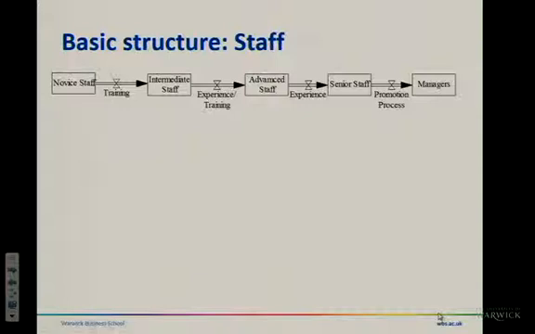So how do you translate that structure? At the core of the model, stocks are a reflection of the number of people that are in each stage. You have novice staff, the people that start, that are hired, so there is an inflow there that is not represented.